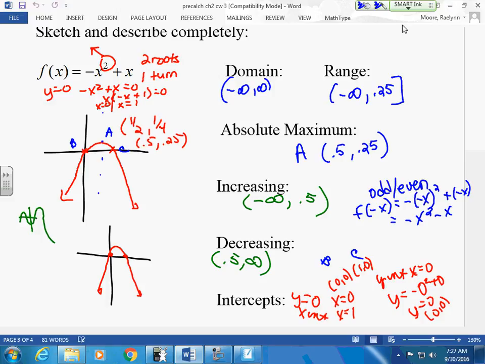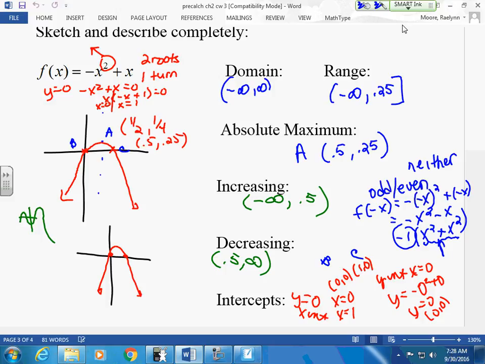No. So let me factor out a negative 1. So this becomes a positive, this becomes a positive. Is this piece the same as what we started with? No. This piece right in here. I had to factor out my negative 1. So therefore, that's not an odd either. So this guy is a neither.